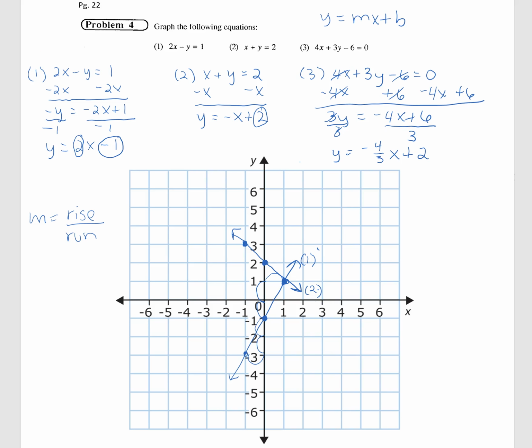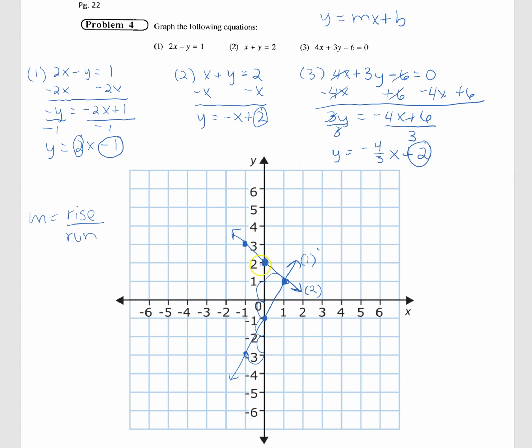And for equation 3, we actually have the same y-intercept plus 2, so this point is also a point on equation 3. And in this case, our rise over run is -4/3. So we're going down 4 units for every 3 units we go across.